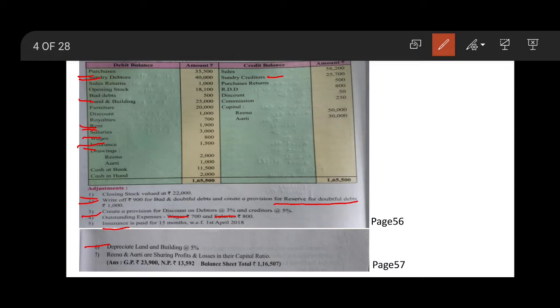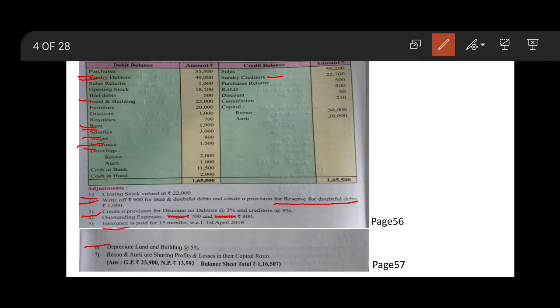This is all about marking the adjustments. Why are we marking them? We are marking them because when we transfer all the items from the trial balance, we write the marked items' amount in the inner column as it follows the adjustments. Okay, that's it about adjustments.